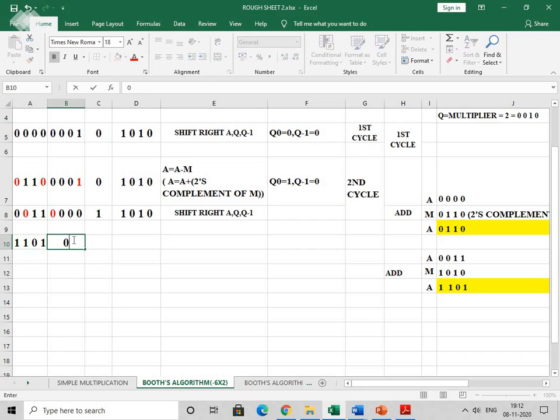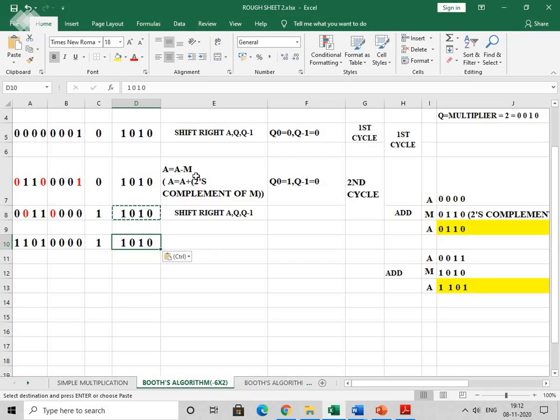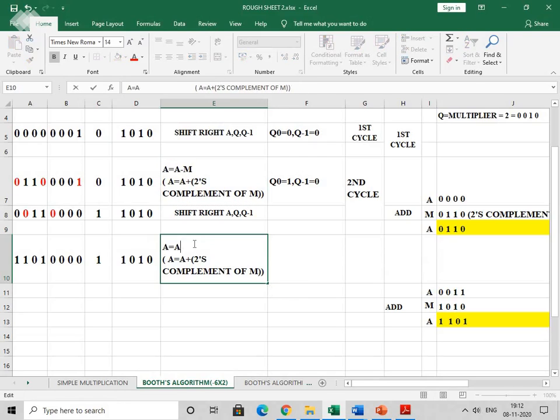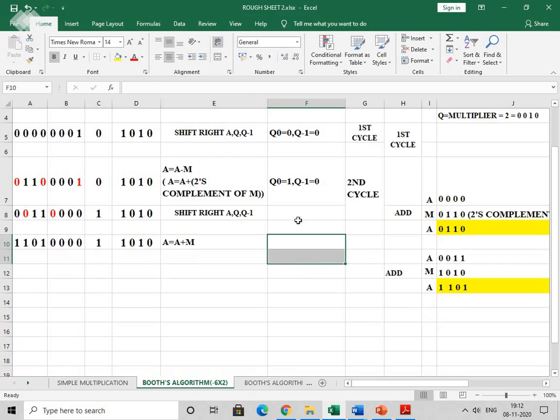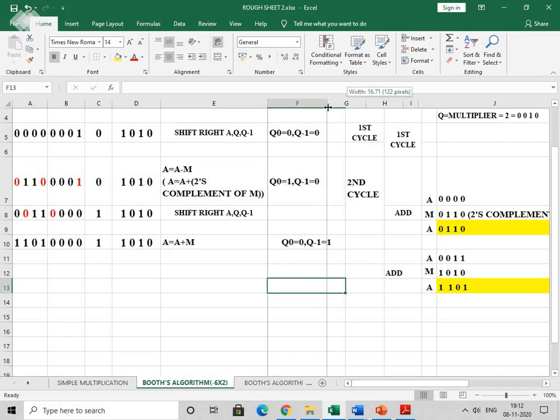Q will remain as it is, Q minus 1 will remain as it is, and M will remain as it is. So what we have done here is A equal to A plus M. Why? Because Q0 is equal to 0 as well as Q minus 1 is equal to 1. So therefore we have done the addition.